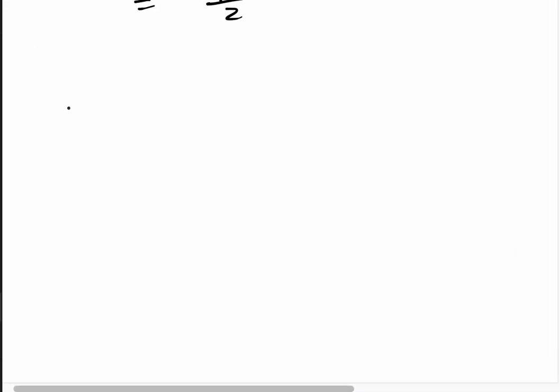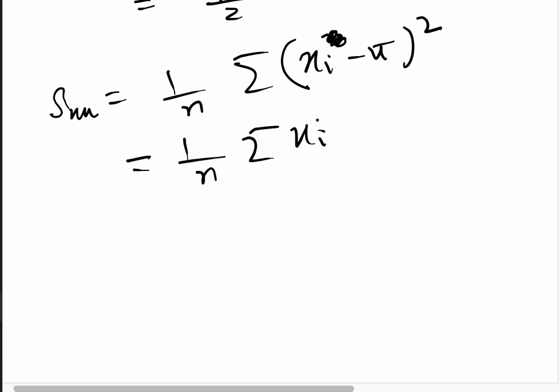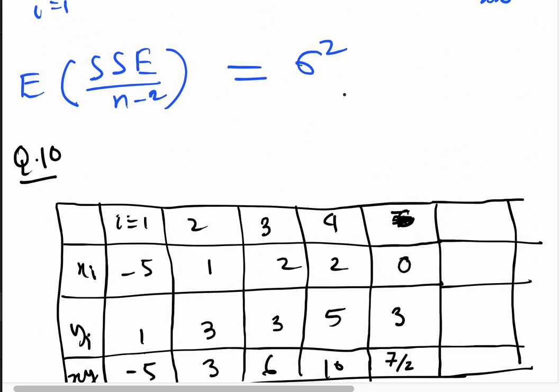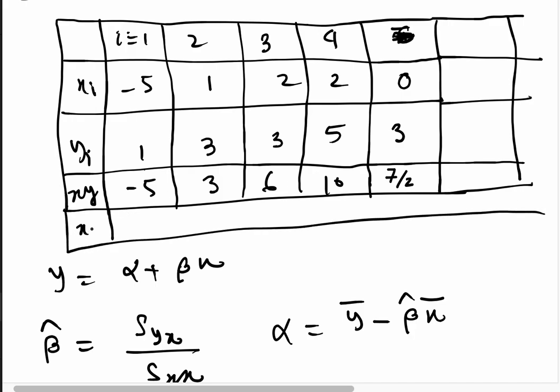Sxx is 1 by n sum of xi minus x bar, squared, and we know that x bar is 0, that means 1 by n sum of xi square. So xi square: 25, 1, 4, 4.